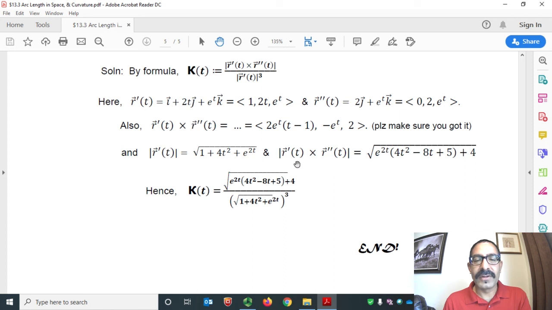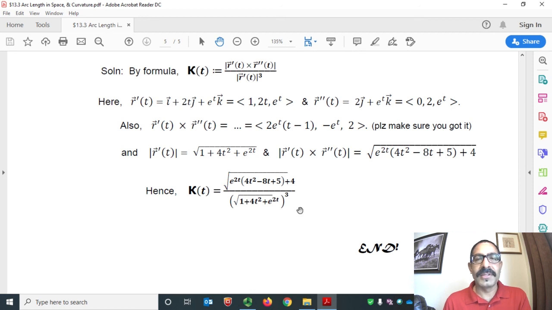Next, find the magnitude of r prime of t cross r double prime of t, which is under the radical 2e^t times (t minus 1), everything squared, plus minus e^t squared, plus 2 squared, which is 4, and simplify, it gives us this expression.